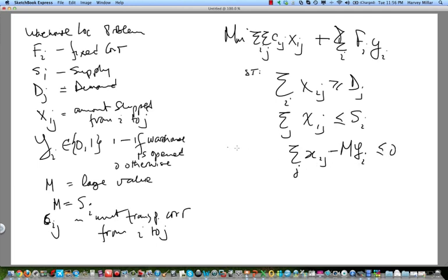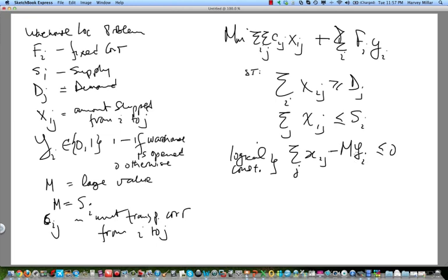And this is called a logical constraint. What it does is that it allows us to say that if this is positive, then for this equation to be satisfied, the y must be 1.